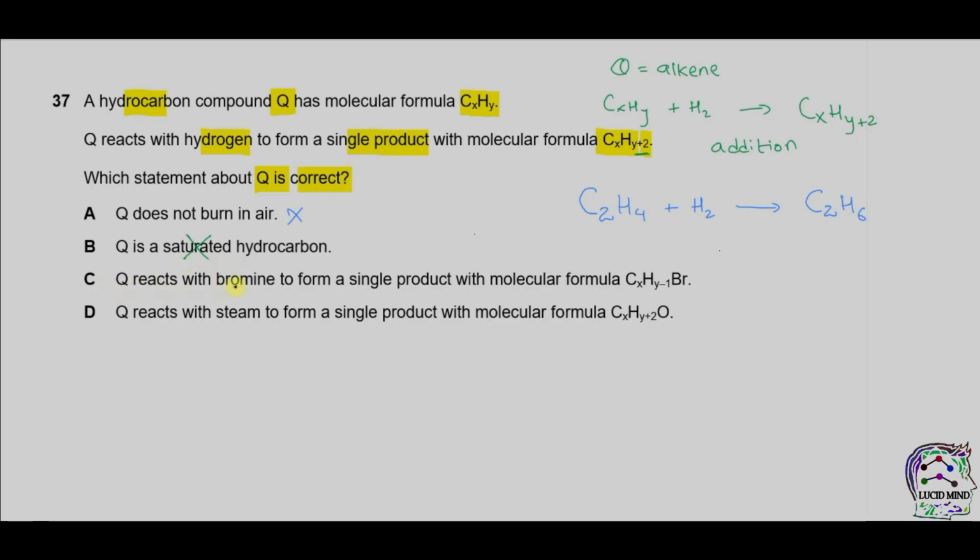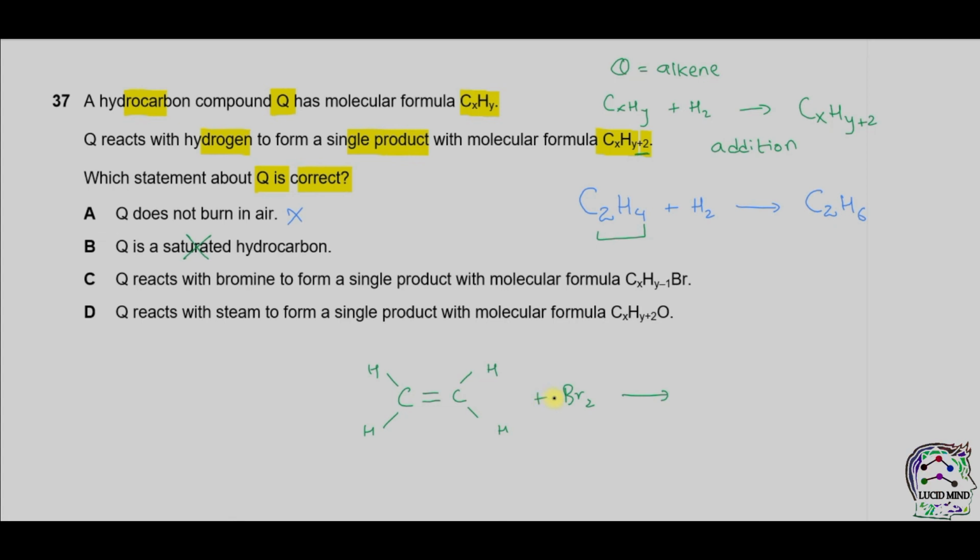Part C, Q reacts with bromine to form a single product with the molecular formula CXHY-1Br. Let's do this one. Q reacts with bromine. So we can take this one as Q. We have 2 carbon atoms, 4 hydrogen atoms. Let's react this with bromine.